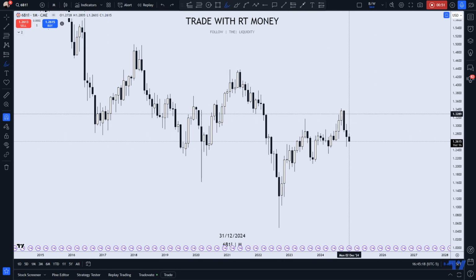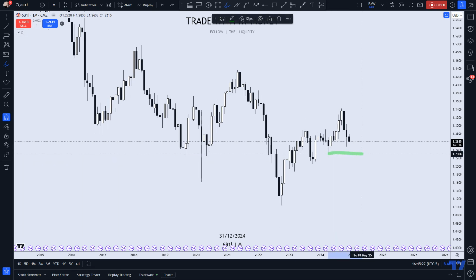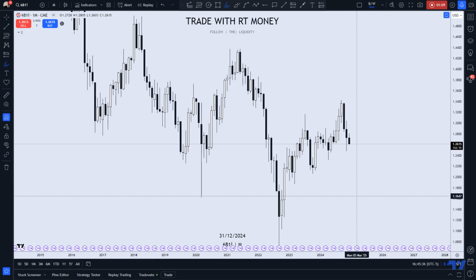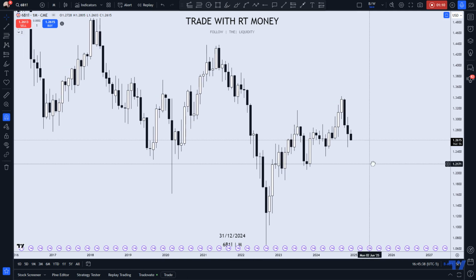You know the pullback is over when the most recent down leg breaks structure. Right now, it looks like it might be over, but we don't know just yet. But we know that it's bearish.